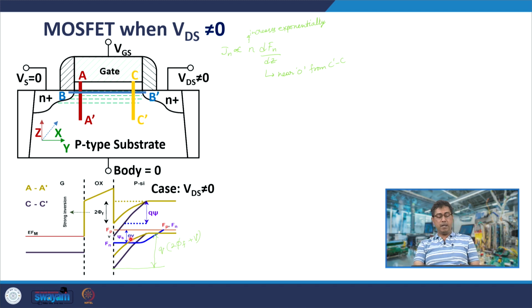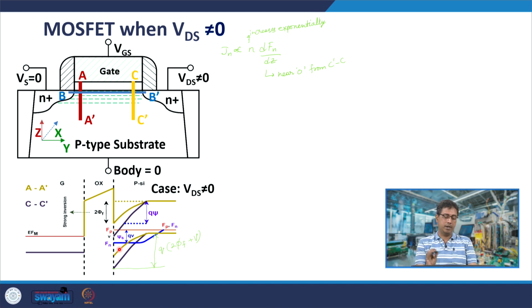And we have increased the potential at the drain. Suppose there is strong inversion all along from B to B prime. In that case, the band bending from B to B prime would also correspond to qV, isn't it?